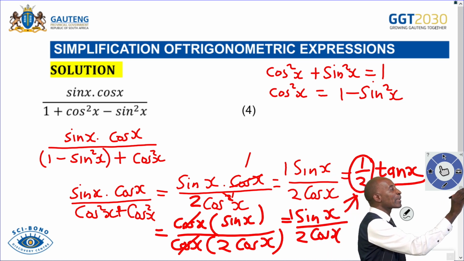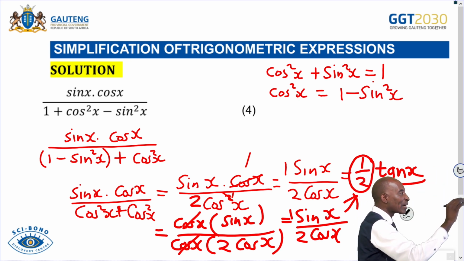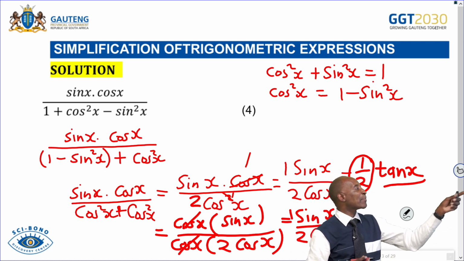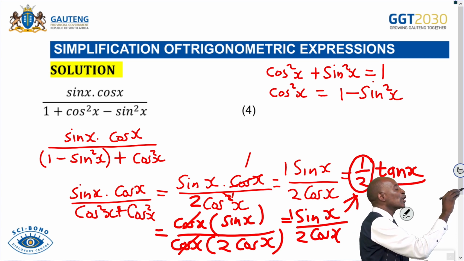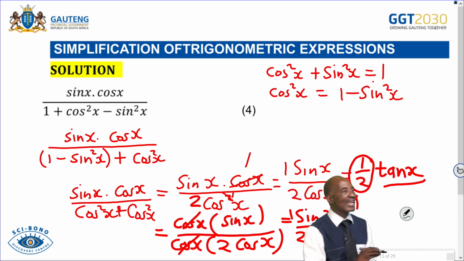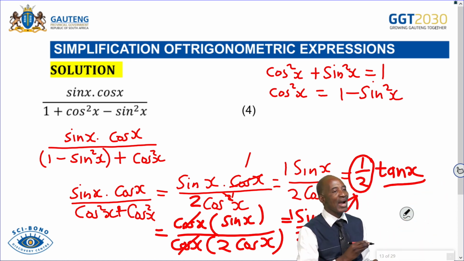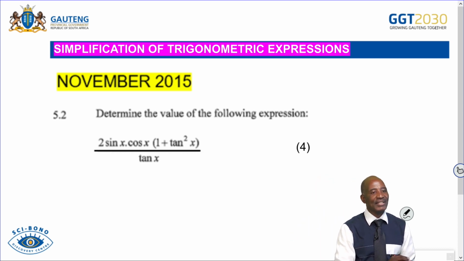Alternatively, you could have replaced either cos squared x using your square identity equivalent, or you replace this. There are many ways in which you could have done that question by playing around with your square identities. Where you see cos squared x, you put 1 minus sine squared x, but it will eventually simplify back to the same half tan x. Otherwise, let's move on to the next question.